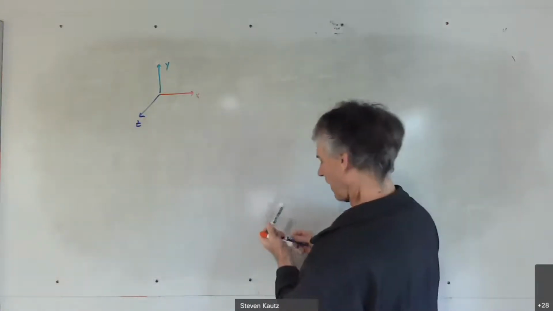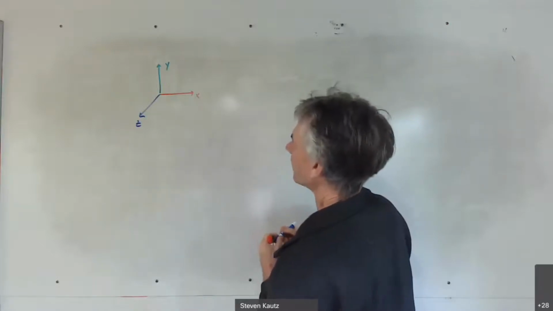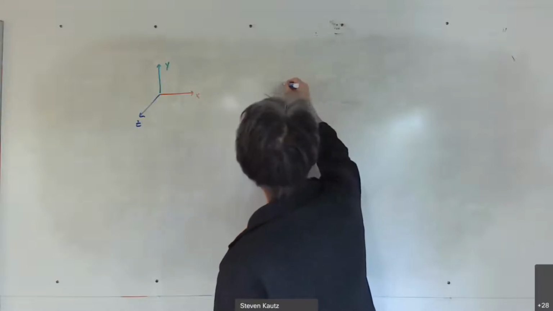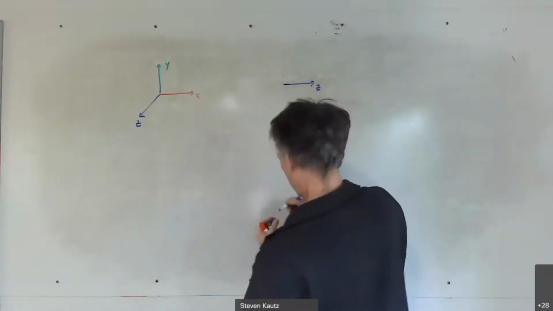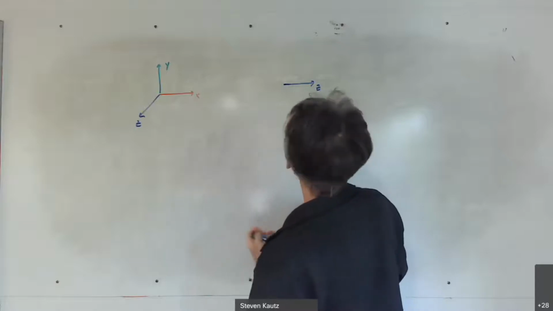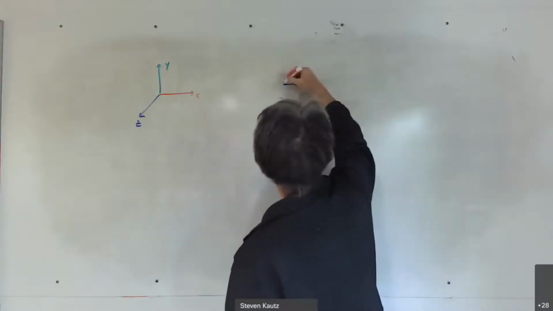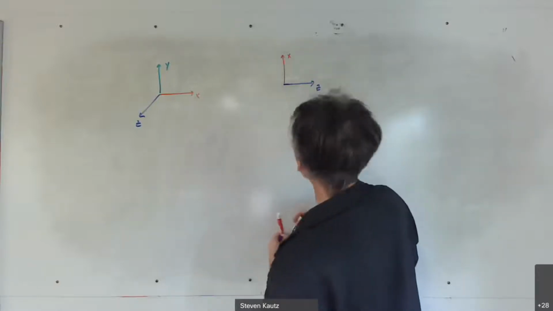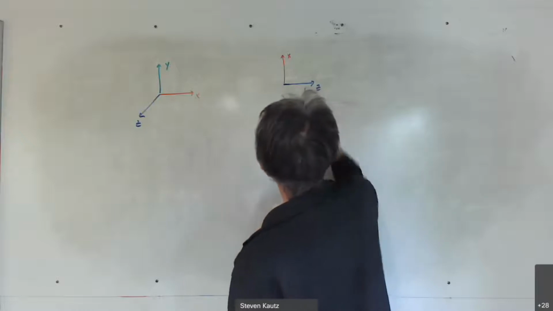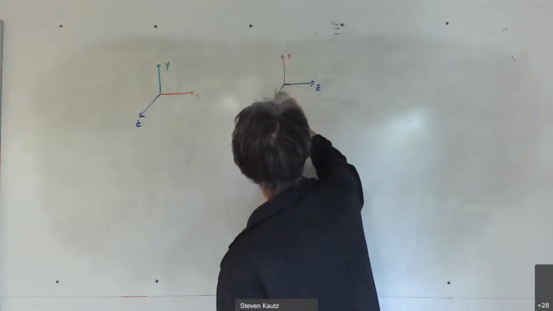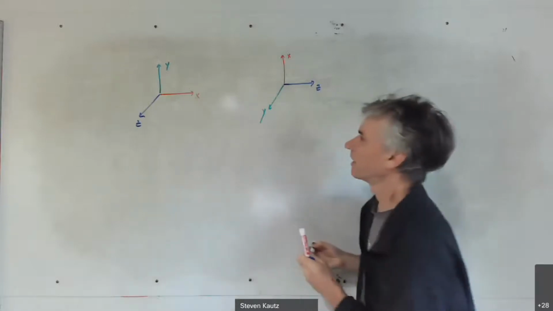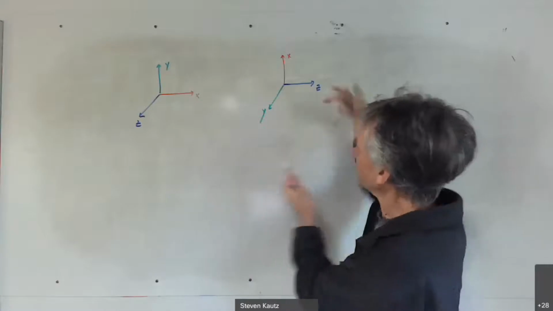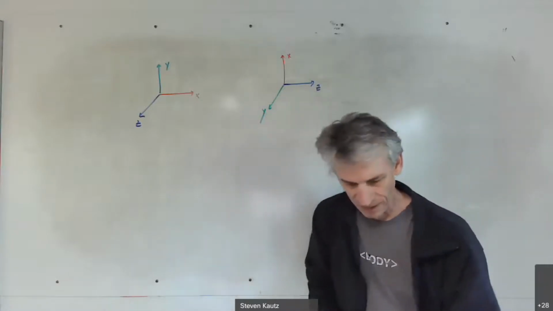And I'm asking us to picture a case where x is up and z is to the right. X is up. And y is the one that's sticking out. Okay, and that still works. It's still the same right-handed system. It's just been twisted around.